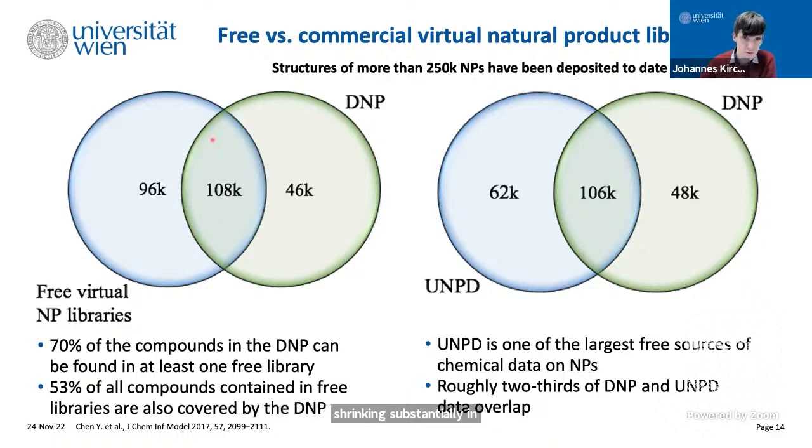You see that there is a huge overlap between the well-known dictionary of natural products, the commercial data set, and the freely available data sets. Nowadays, this part has increased substantially. So we can get very far nowadays with public data sets.